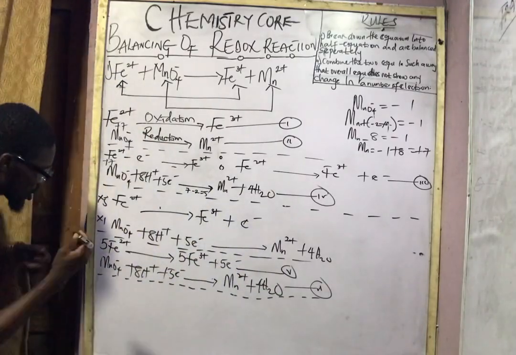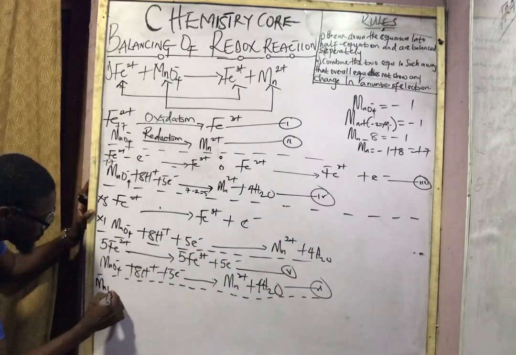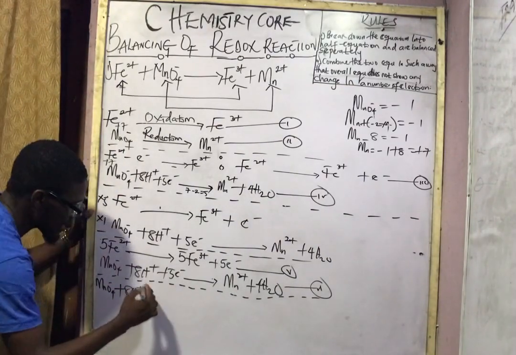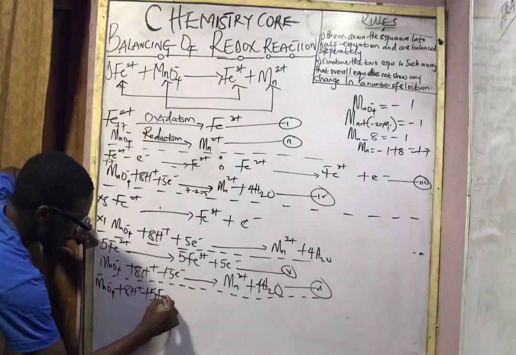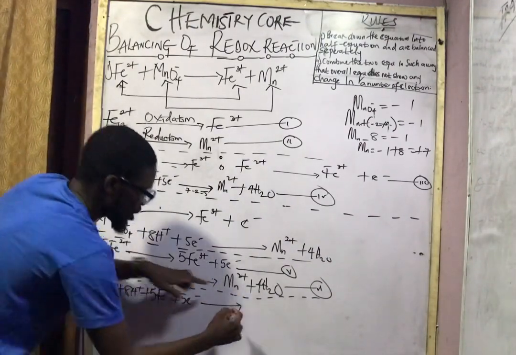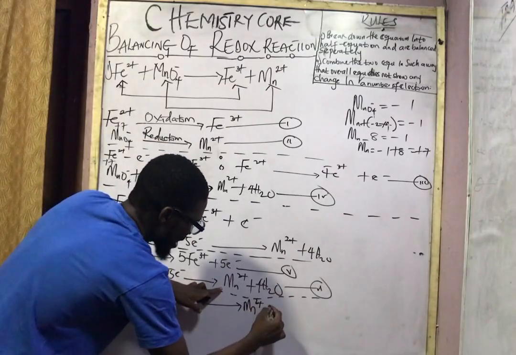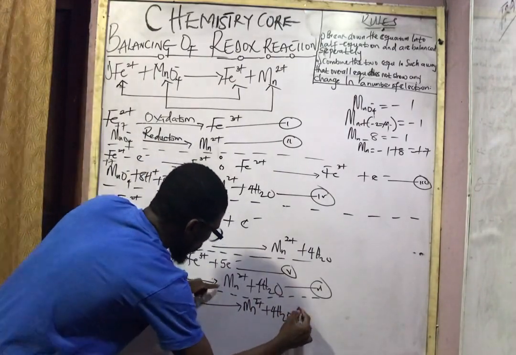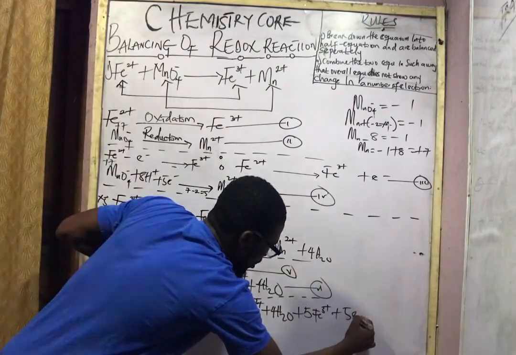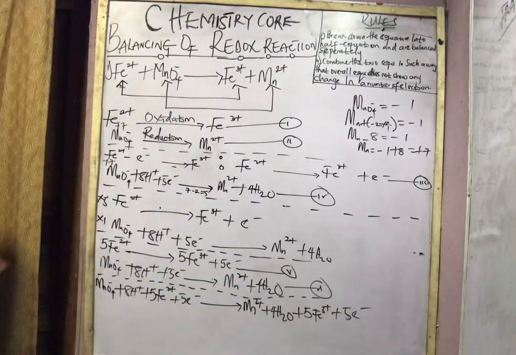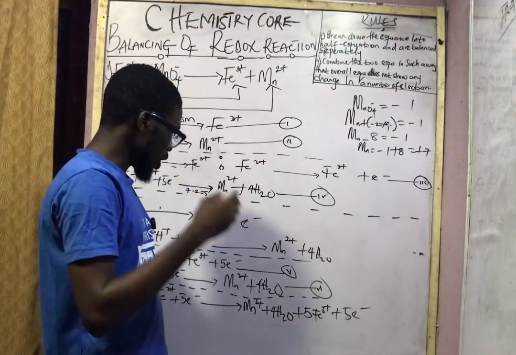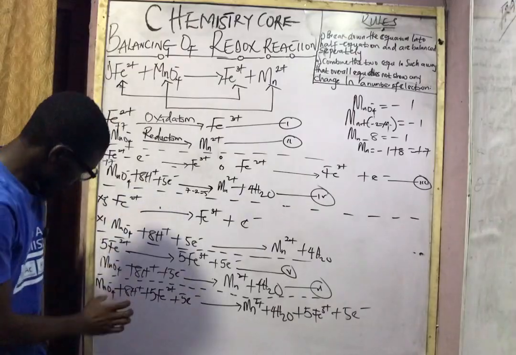So we can say we have MnO4⁻ plus hydrogen ion plus 5 iron 2 plus plus 5e, giving Mn²⁺ plus 4H2O plus 5 iron 3 plus plus 5e electron.